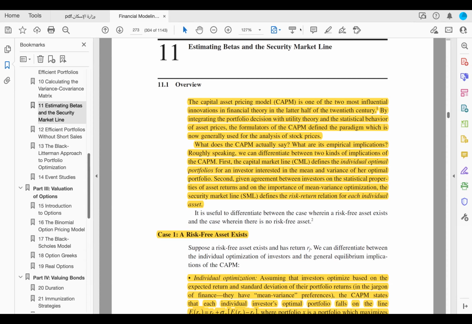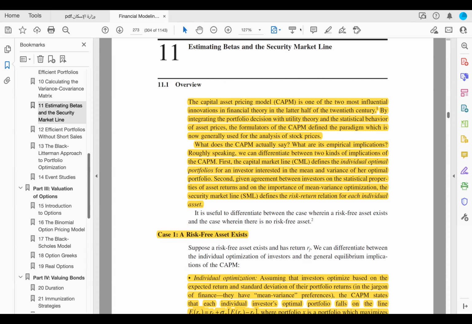The SML is about individual securities, not portfolios, individual securities. The good thing with the SML is that it will allow the investor or the financial analyst to undertake an investment decision, which means we will identify which stocks are overpriced and which ones are underpriced.